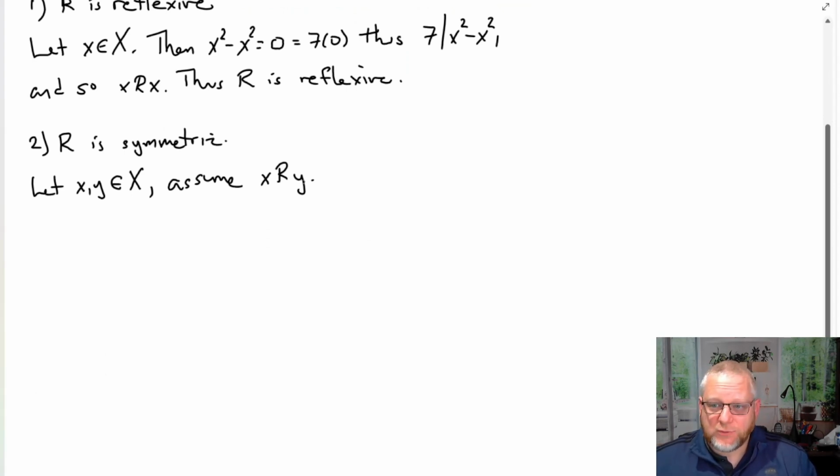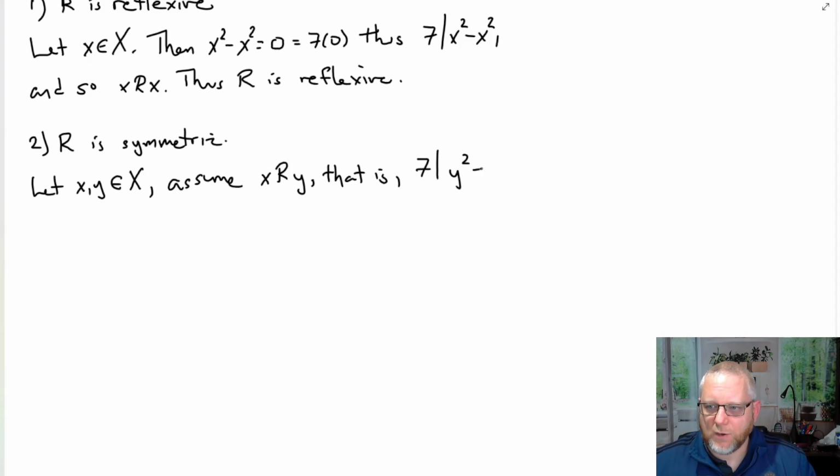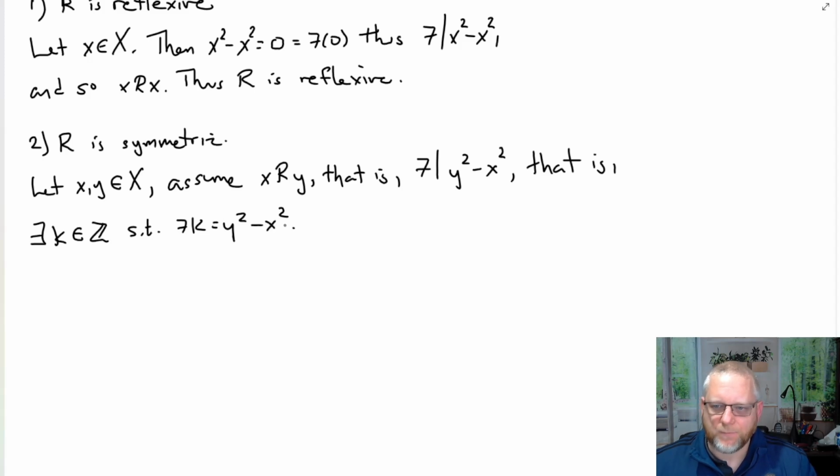What does it mean that x is related to y? All we know is the definition. The definition is that 7 divides y squared minus x squared. In other words, there exists a k in Z, by the definition of divisibility, such that 7k is equal to y squared minus x squared.